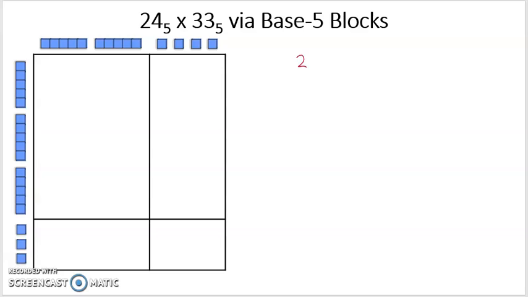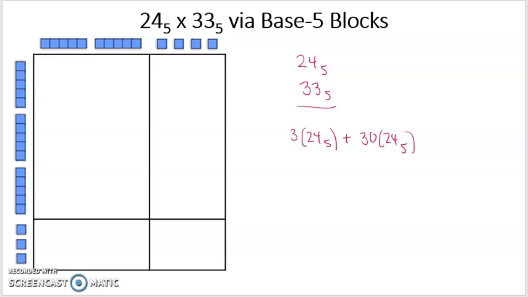When you do that, what you do is you sort of distribute. You say, well, that's going to be 3 times 24 base 5 plus 30 times 24 base 5. So this is the distributive property, and that is embodied well in a table such as this.